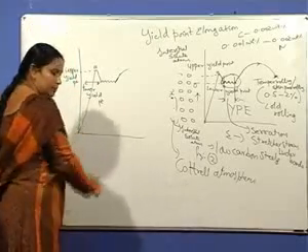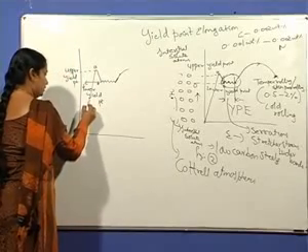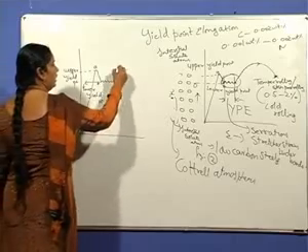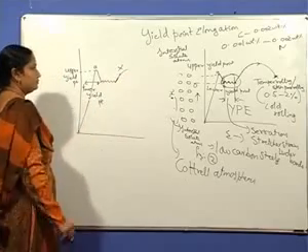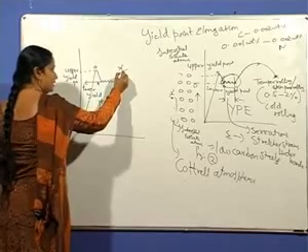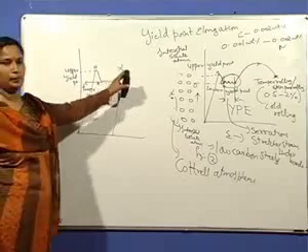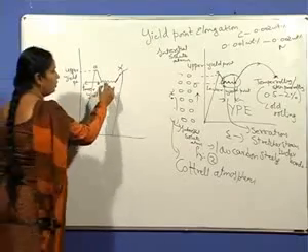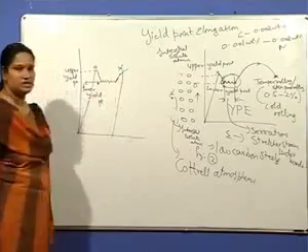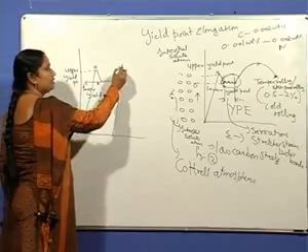So if you load the material up to the point X, this is the point X, and unload that material, that means you have crossed the yield point elongation and the material continues to strain harden normally.